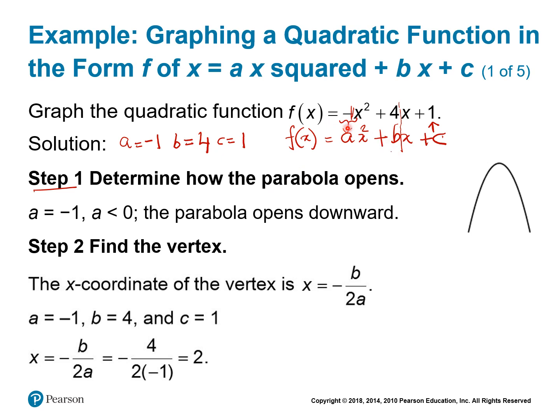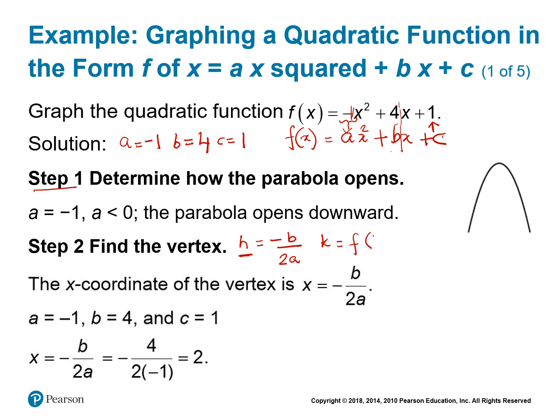Again, h comma k is not visible in this form, so we have to use the equation for h and k in order to find the coordinates of the vertex. So we said that h, which represents the x coordinate, is minus b over 2a, and k is going to be f of whatever minus b over 2a evaluates to, which would be h.